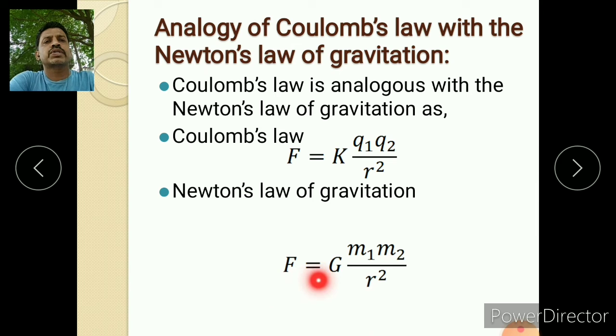This gravitational force is directly proportional to the masses m1 and m2 and inversely proportional to the square of the distance between them, and here G is the gravitational constant. So these two forces are similar: here q1 and q2 are two charges, there m1 and m2 are two masses, and r is the distance between the two charges, similarly the distance between the two masses.